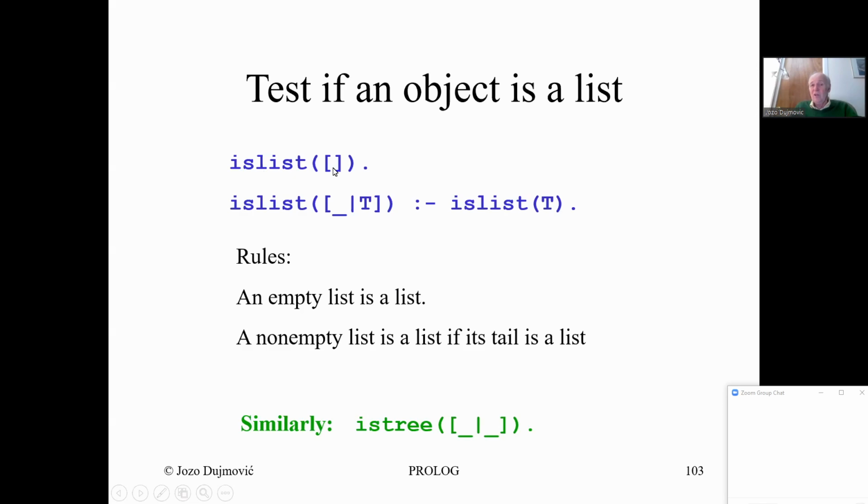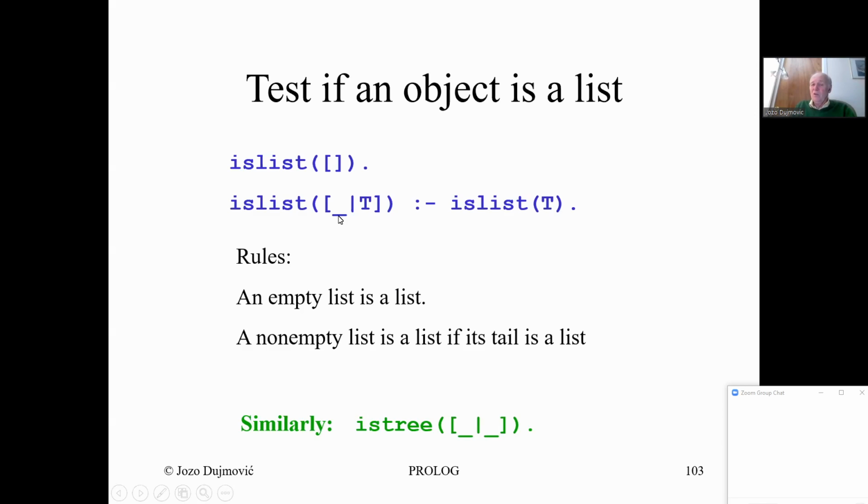You say is_list, empty list, this is going to match, and the answer will be yes. And then a non-empty list has head and tail. If you put here head, H or whatever else, PROLOG will instantiate that and will start complaining. It will say, why are you instantiating a variable that you are never using? And this is a legitimate question.